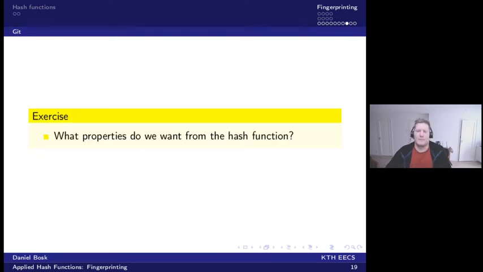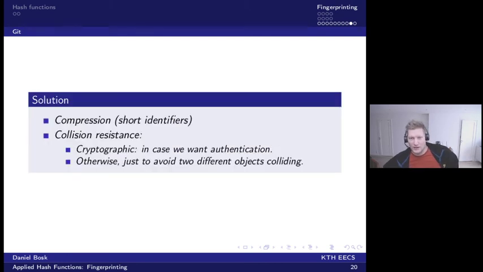Now, what properties do we actually want from the hash function in this case? Take a moment to think about that. Now, what we actually want is the compression property, because we want short identifiers. That's the entire purpose in this case.